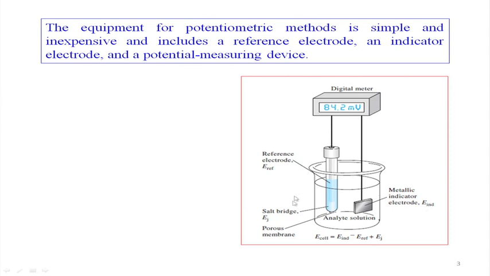But within this particular reference electrode, you have some porous membrane at the bottom, this round point, and the salt bridge, because the indicator is directly inserted within the analyte solution, but this you see is glass cased.